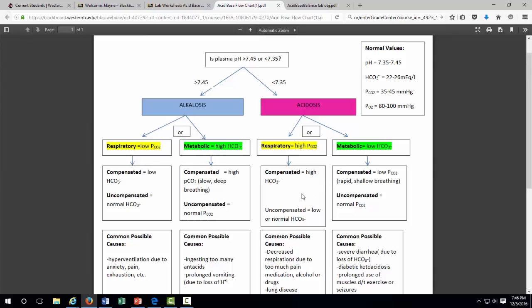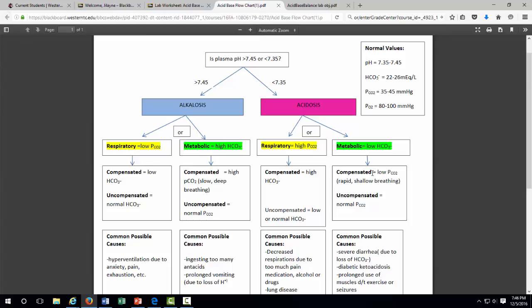What if I look at the PCO2 and it's really low? That means that the lungs are compensating, because ideally, in a healthy body, if one of these is off, if the bicarbonate is off because the kidneys, say, aren't working, or there's some metabolic ketoacidosis going on with a diabetic, then the lungs are going to try to fix it by changing the breathing rate.